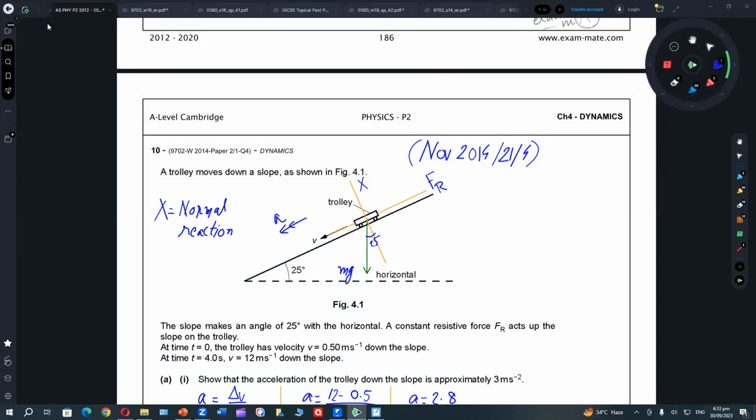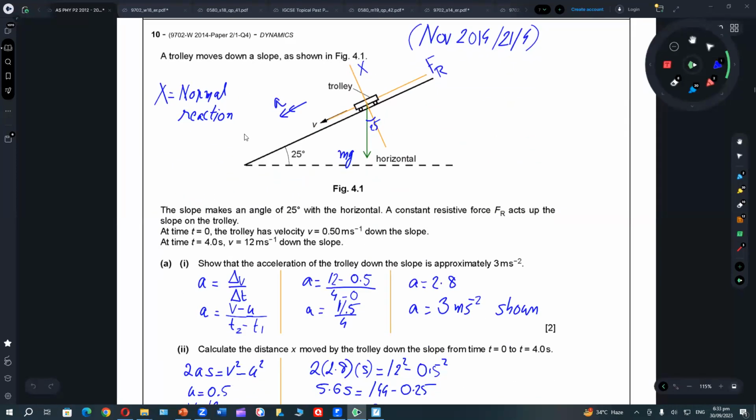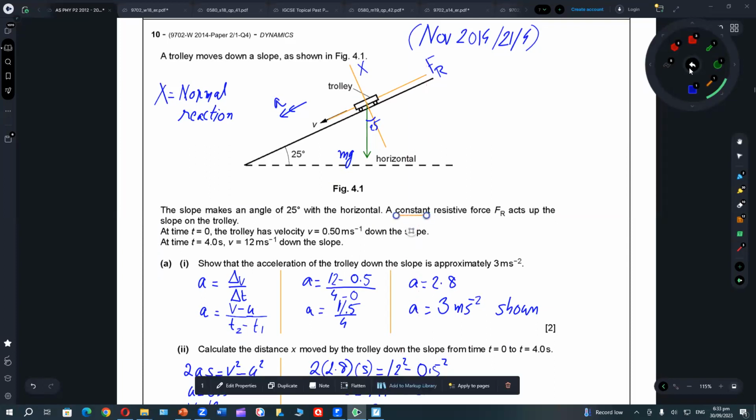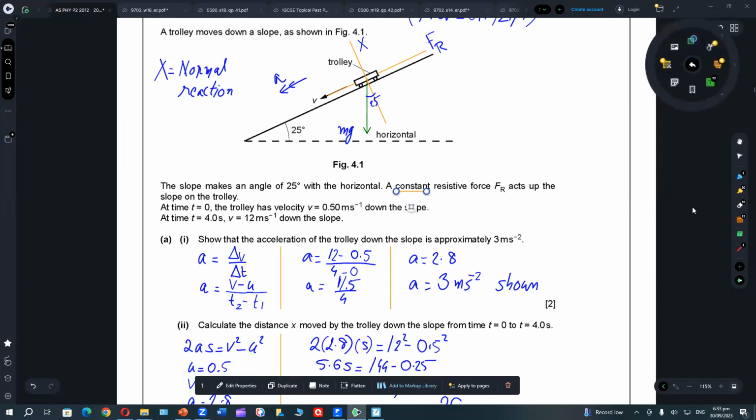So it would be an increasing graph. But should it be increasing gradient or decreasing gradient? The point is that the examiner says that the resistive force is constant. The resistive force is constant.